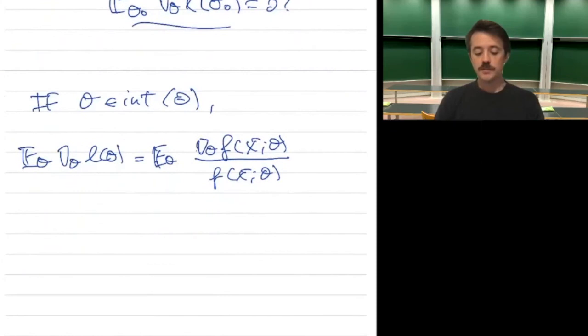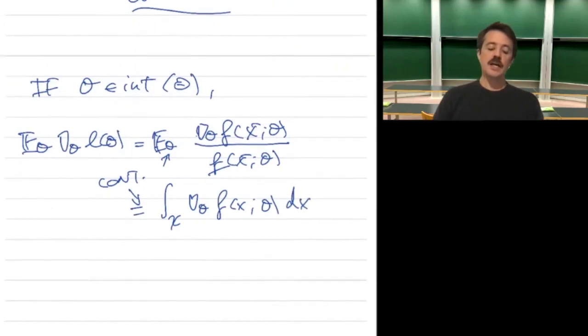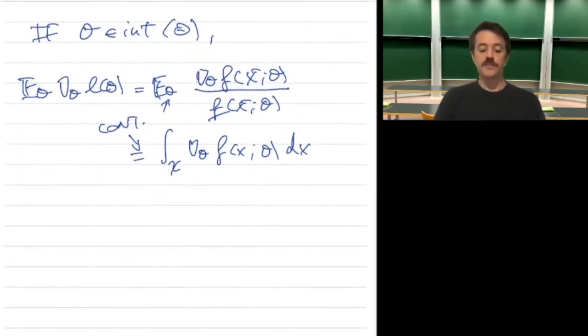Now maybe let me just do this for continuous random variables, but this is exactly the same idea for discrete random variables. What we see again, just as before, is that integrating this with respect to the PDF, this guy will cancel out, and so what we get here is just the integral over the sample space of the gradient of this guy. And we pause here for a second.